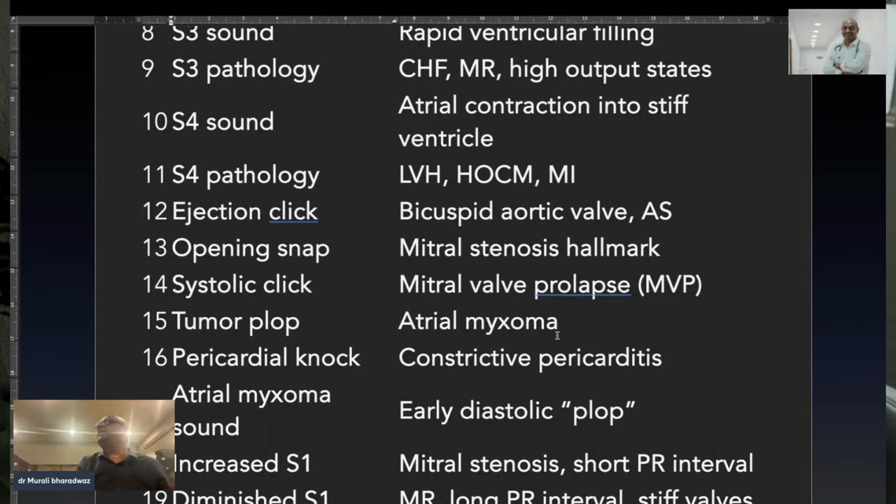That can also lead to stiffness, leading to S4. Remember: S3, CHF; S4, LVH.